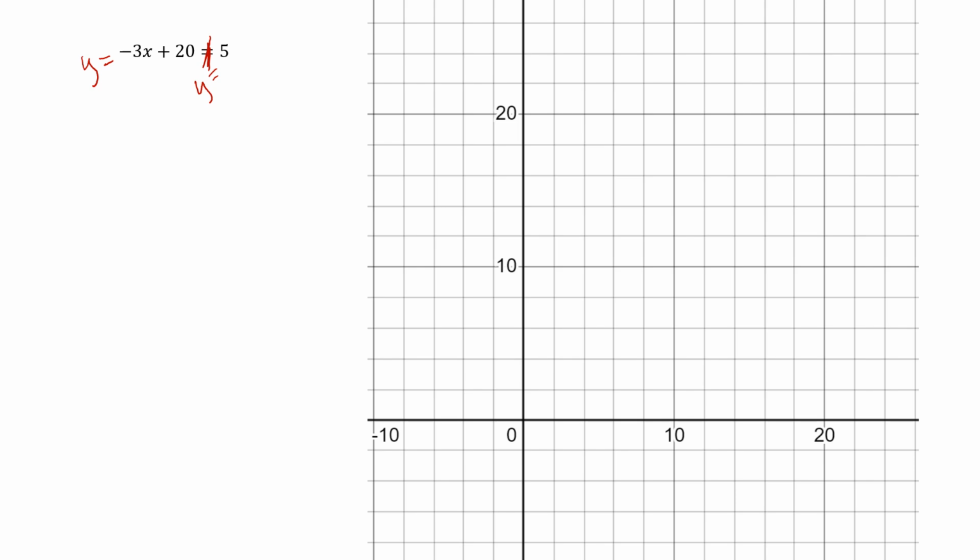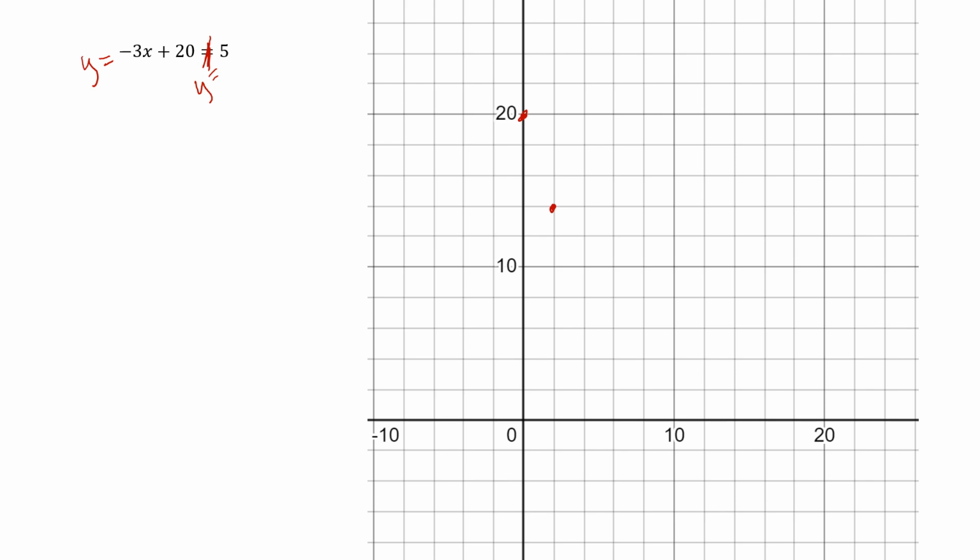So we have y equals negative 3x plus 20. It's a line. We're going to start out at our y-intercept at 20, and we're going to go down 3 over 1. Now you might be thinking, wait a second, we're counting by twos, which is true. We're counting by twos in both directions though. So I didn't technically go down 3 over 1, I went down 6 over 2, but that's the same thing.